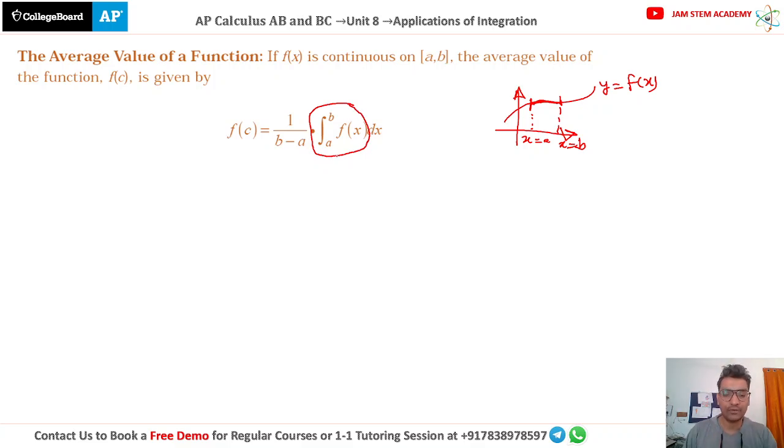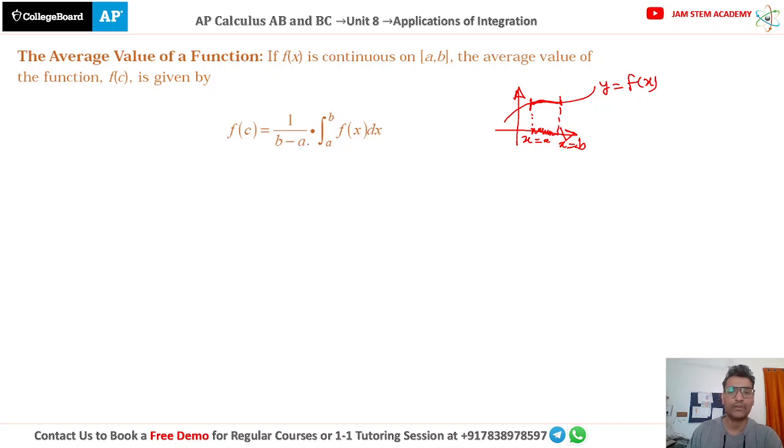And for the denominator, we need the sum of x values. Again it is continuous, so we will take b minus a. So that's your formula. This is the formula for finding the average value of a function in an interval a to b, which is integration a to b f(x) dx divided by the difference of the limits, b minus a.